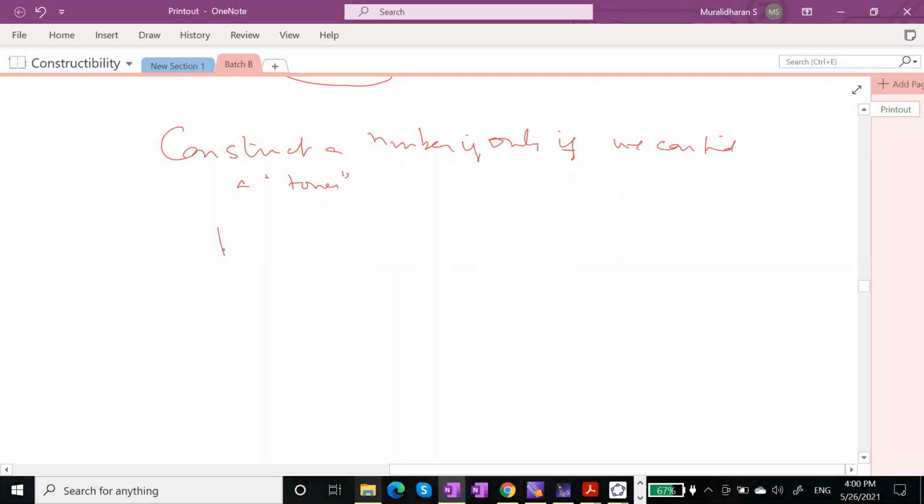My first is F naught, which is equal to Q, and then my F1 is Q adjoined with some K1, and then my F2 is F1 adjoined with some K2, and so on. I can just keep on doing that.